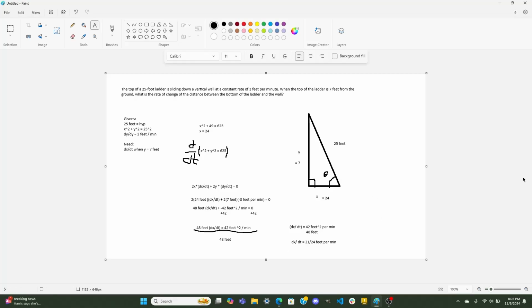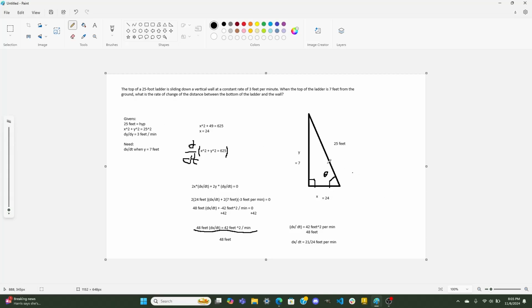Okay, so what have we done? We've taken our question, and we've defined what equation we're using based off of a shape. In this case, we're going to use the Pythagorean theorem since we have a right triangle that was created with a ladder, a ground, and a wall.